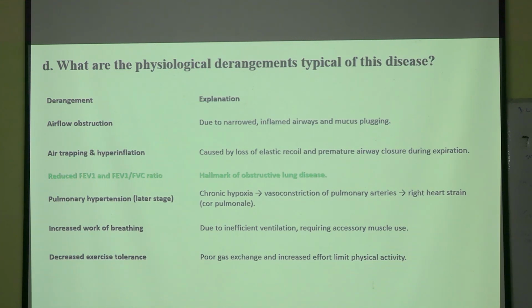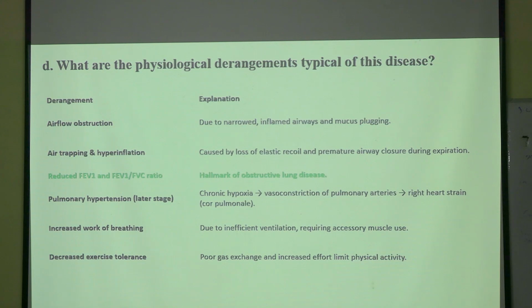The proper explanation for this derangement is poor gas exchange and increased effort limits the physical activity. So up to this, we could say in this first case, most of the information given is related to the obstructive pattern of lung disease.